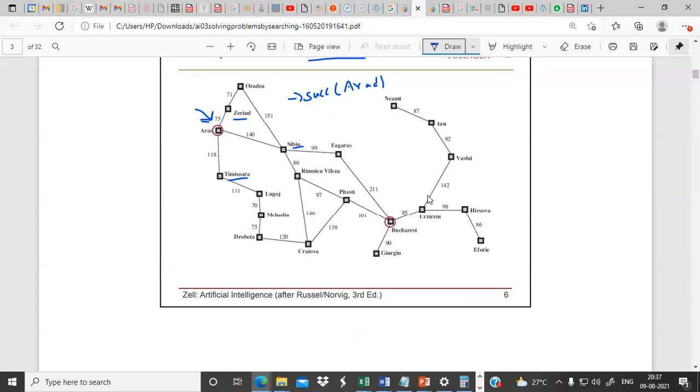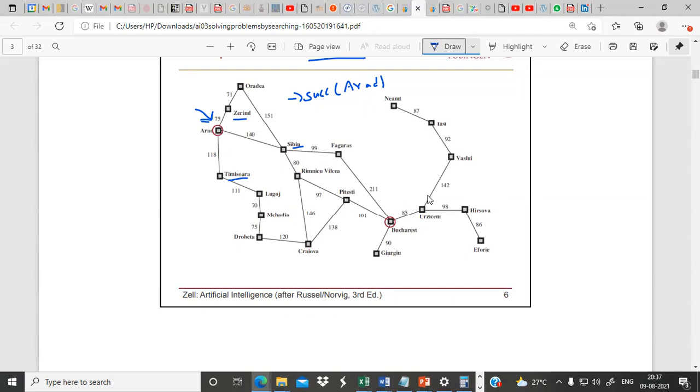So he may be curious to know: is there any way to reach Bucharest from Zerind? Is there a path to Bucharest from Zerind? So he may want to apply a rule to check whether there is any way to move from Zerind to Bucharest or not.